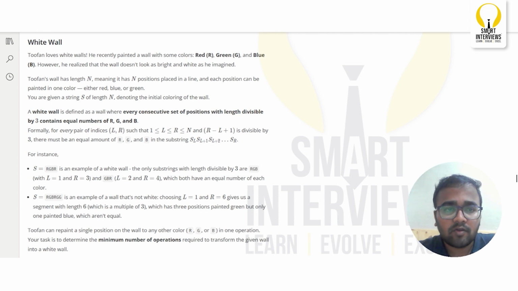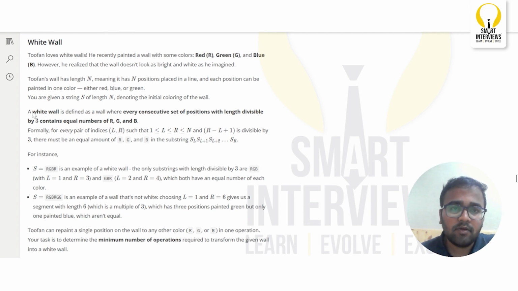You are given a string s of length n denoting the initial coloring of the wall. So you have a string of size n, and each character in the string is red, green or blue, denoting the initial color of the wall.